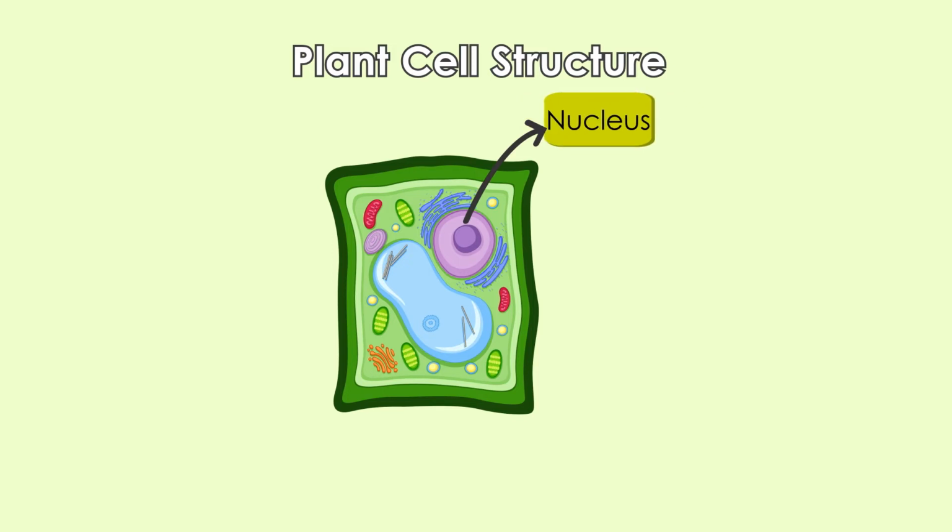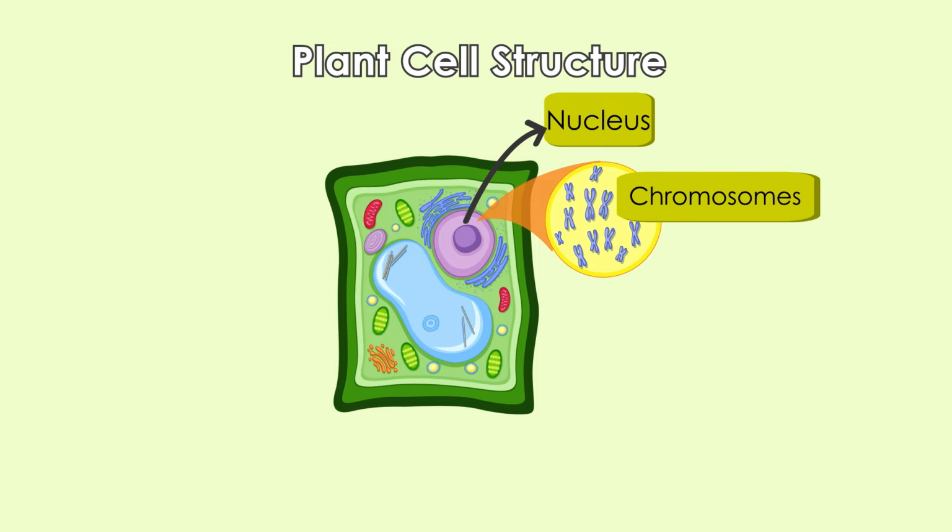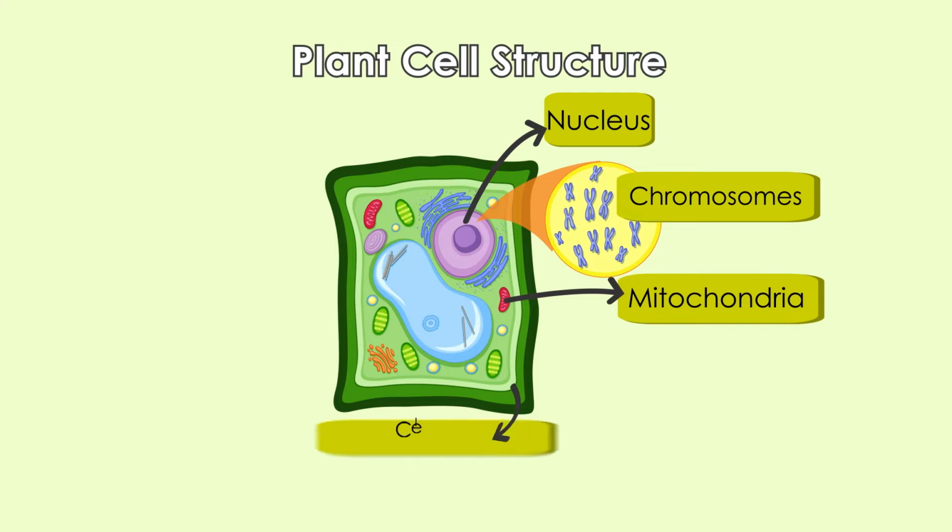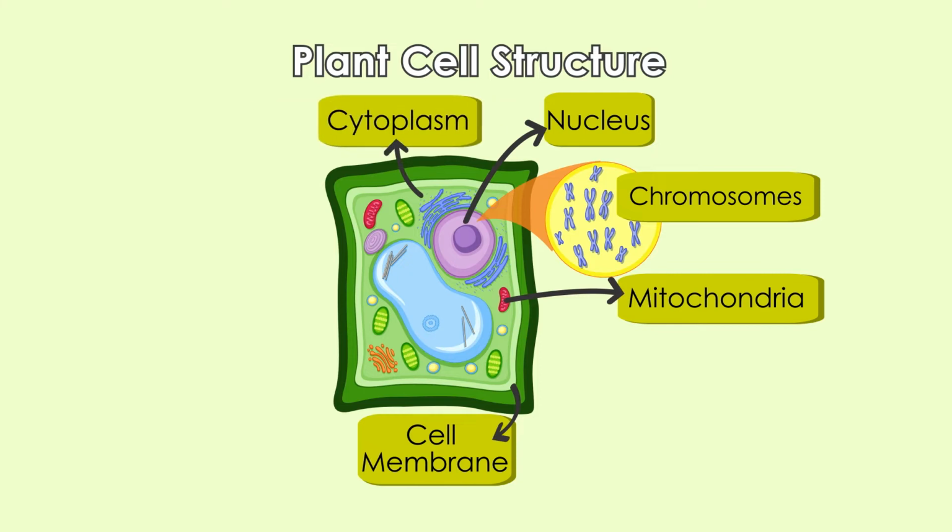This is the same as animal cells, where inside the nucleus there are chromosomes. Number 2 is the mitochondria. Number 3 is the cell membrane. Number 4 is the cytoplasm.